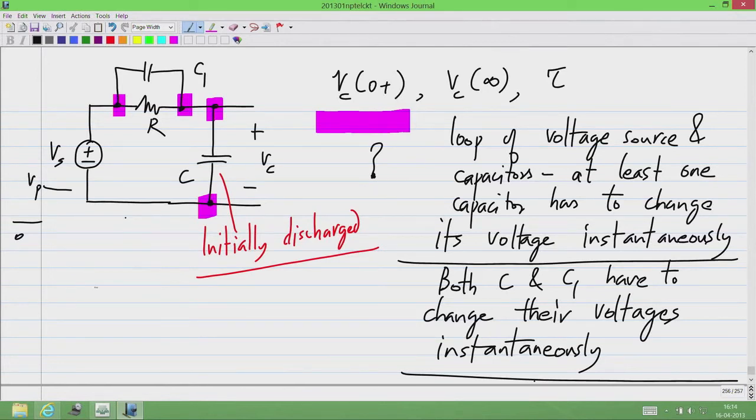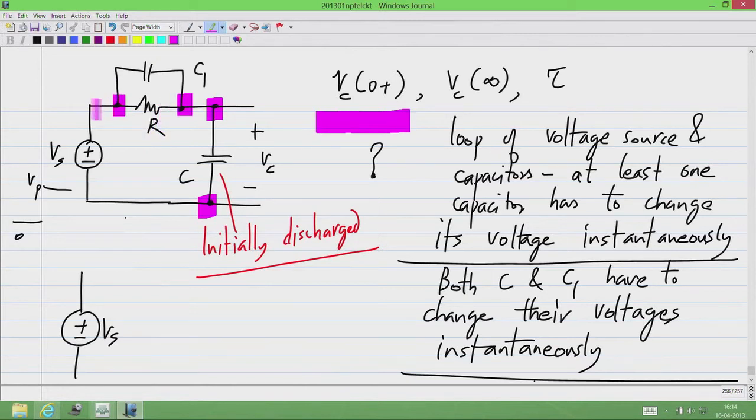So now that means that if they are changing instantaneously, infinite currents are flowing through both C1 and C. Because infinite currents are flowing through them, whereas a finite current is flowing through R, because the voltage across that is still finite, we can approximate the circuit without any loss of accuracy by removing the R altogether.